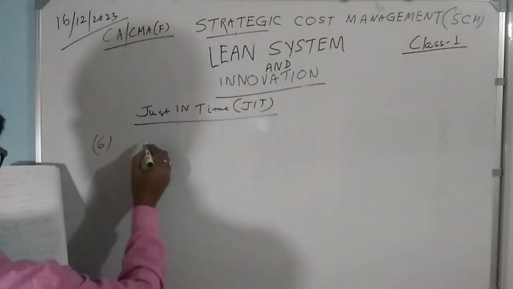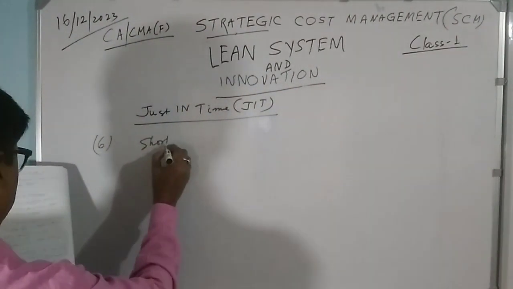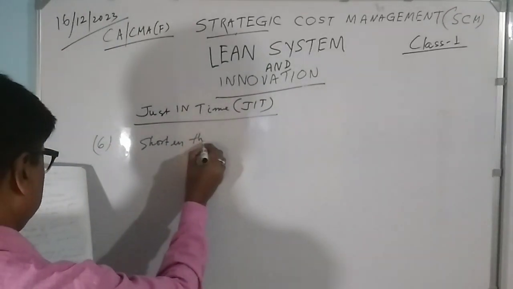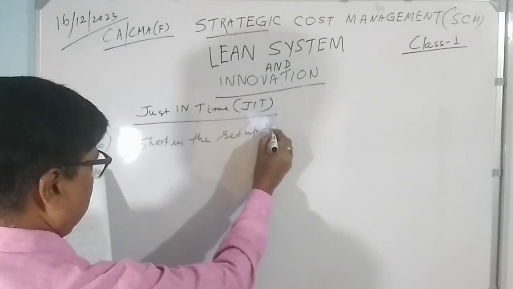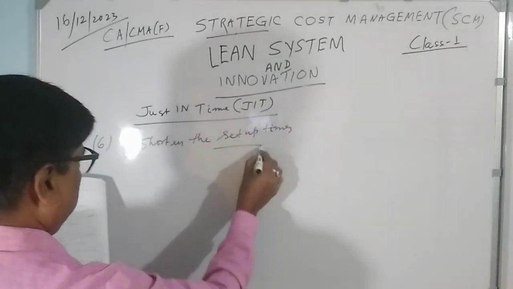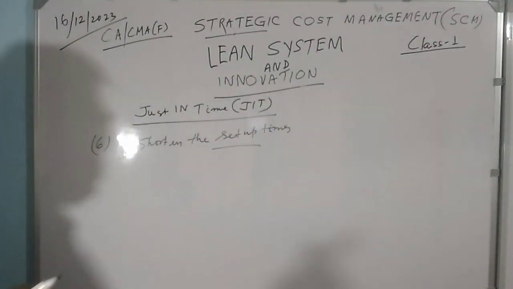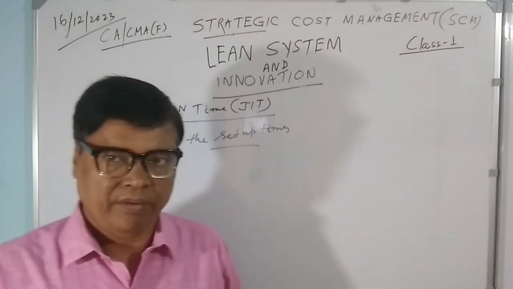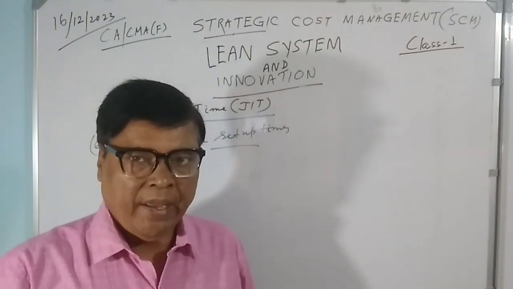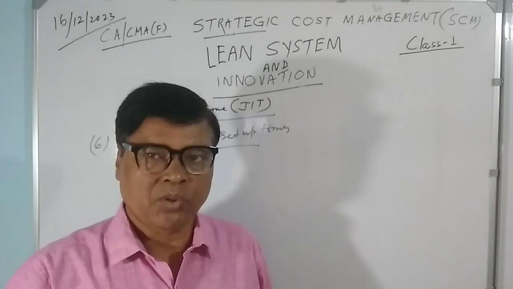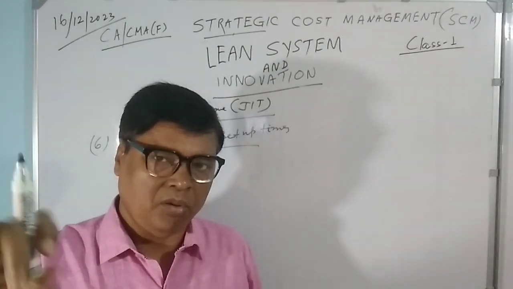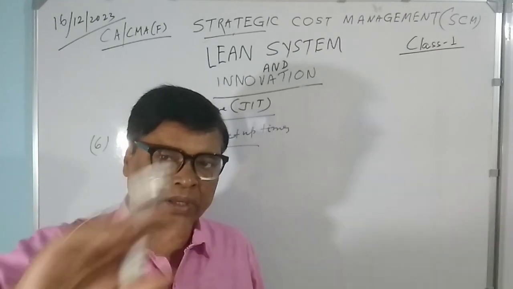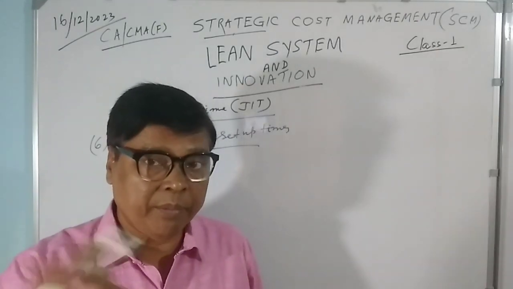Then the sixth point: shorten the setup times. See, to start a machine and run the show may take some time. In that process, your labor will wait, other engineers and technical persons will wait, everybody will wait.